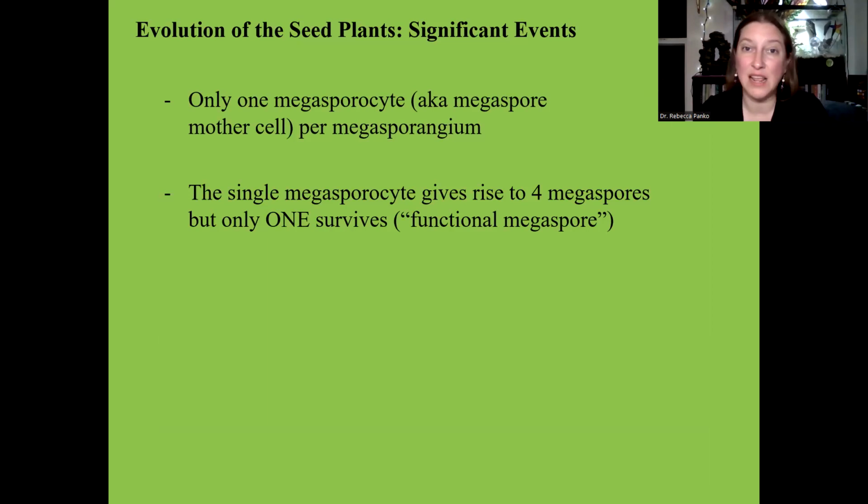Another significant event of the evolution of the seed plants is that there's only going to be one megaspore now inside of each megasporangium, right? So see here, there's only one megaspore mother cell, right? Or you could say megasporocyte, either one is fine, but there's only one of those inside the megasporangium.